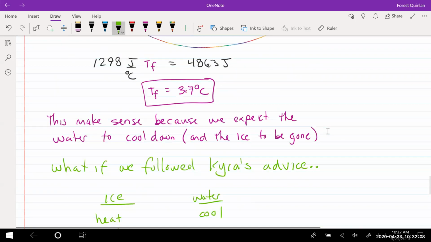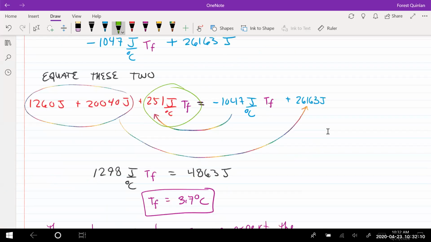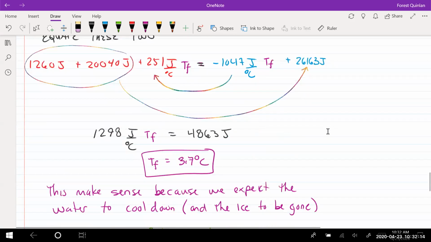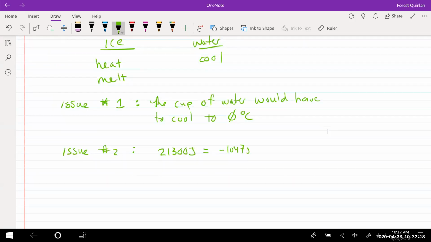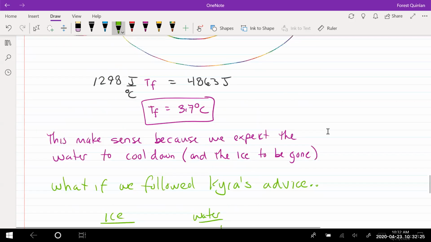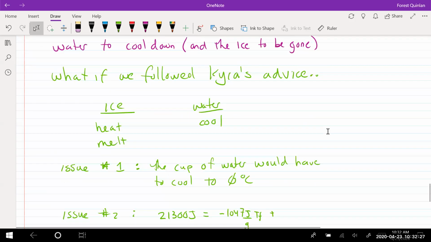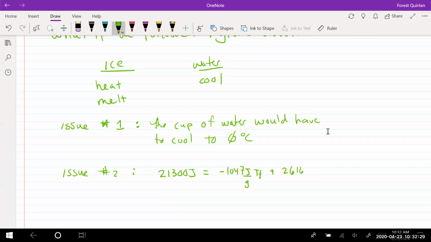All right, so we'd have the 21,300 joules is equal to, and then we just pull down the stuff we had from the water. Remember, we're going to get rid of this guy because that guy doesn't exist anymore. We said it never heated up. We got the negative 1047 joules per gram degrees Celsius times our final temperature plus 26,163 joules.